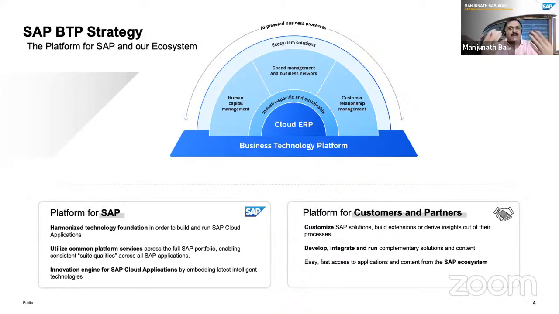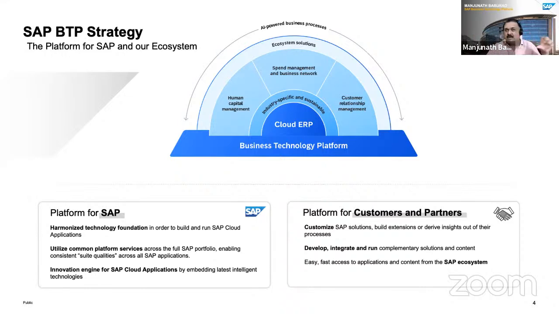So whenever you as a customer touch any of the applications, whether it may be SuccessFactors, Ariba, S/4HANA Cloud, or, let's say, an industry cloud solution, no matter what part of the SAP cloud portfolio you touch, you have a similar experience. The entire experience across SAP's cloud portfolio is driven by the harmonization factor, what we call suite qualities, which are driven by capabilities and services provided by the SAP Business Technology Platform.